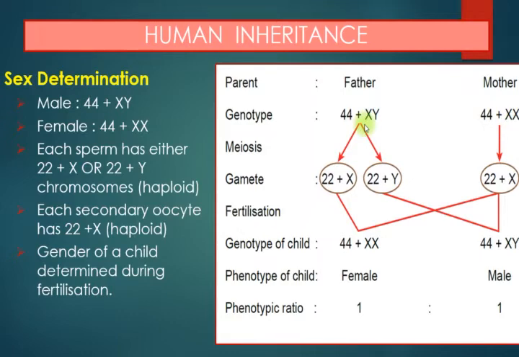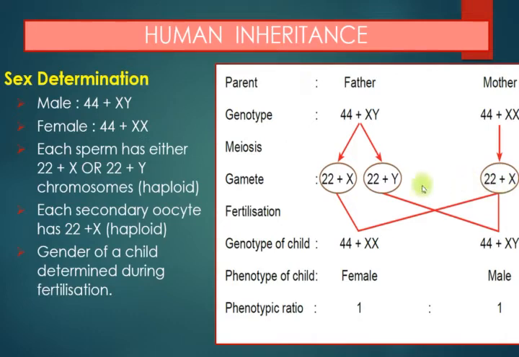After meiosis, it will produce gametes. The father will have two types of gametes, 22 plus X and 22 plus Y, and the mother will produce only one type of gamete, 22 plus X.